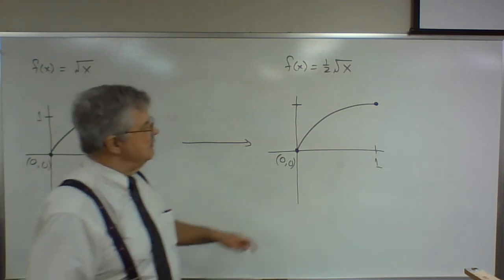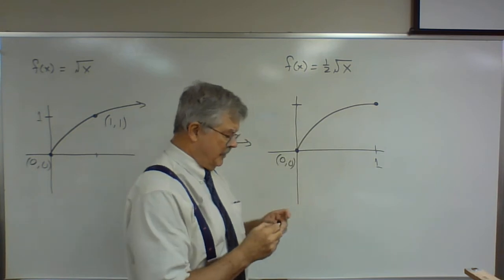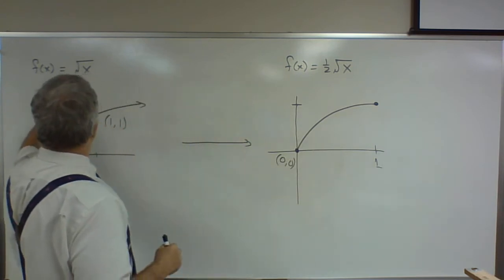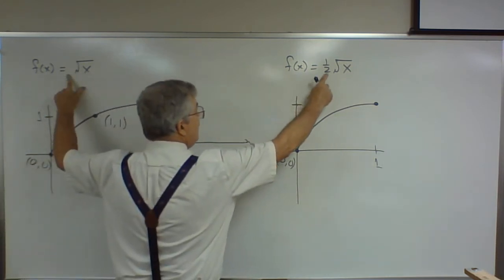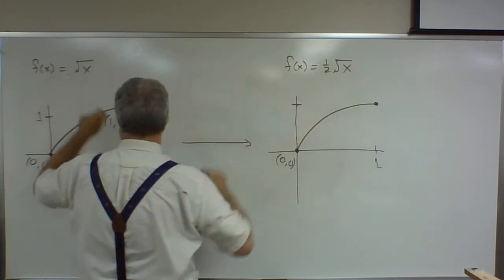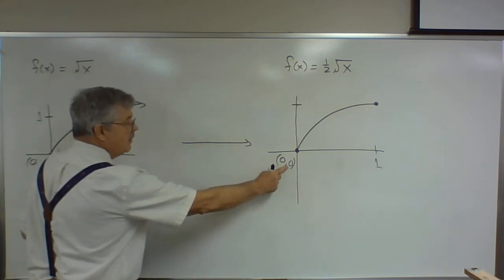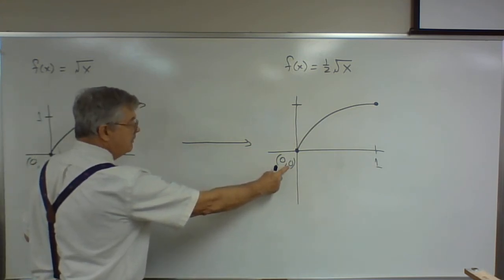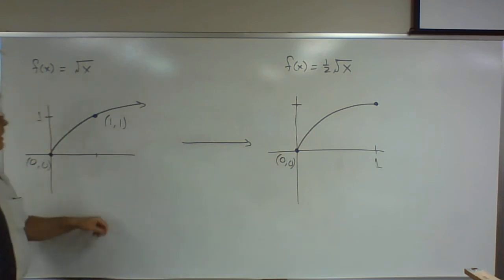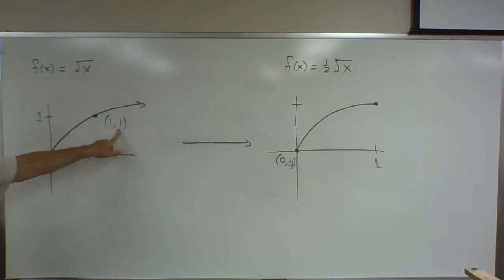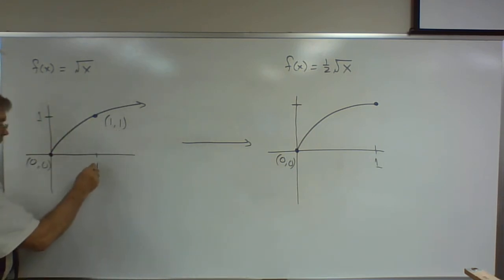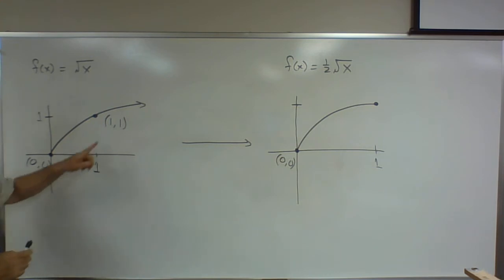So let's find this point. We're taking f of x and we're multiplying the y coordinate by 1/2. Here the y coordinate is 0. So over here the y coordinate is 1/2 times 0, which is 0. Here the y coordinate is 1.